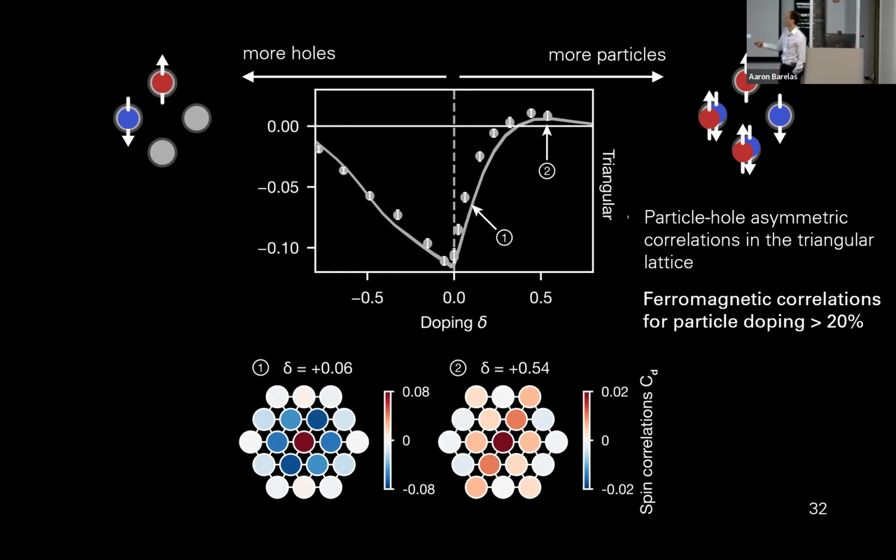Spin-spin correlations are obtained by looking at these snapshots of either spin up, spin down, or density. You can expand your spin-spin correlation function in terms of the density correlations that are actually measured in these snapshots. So by performing some average of these snapshots, you get these spin correlations.